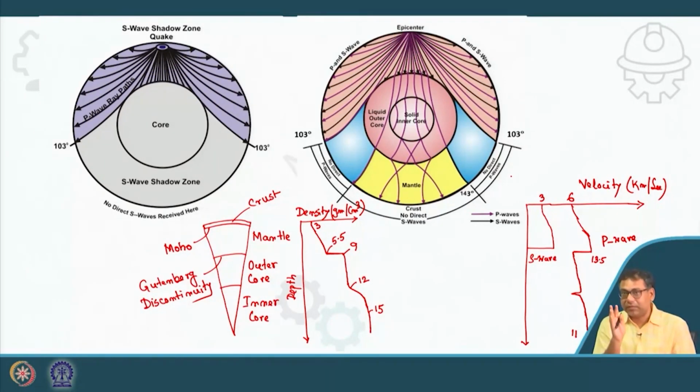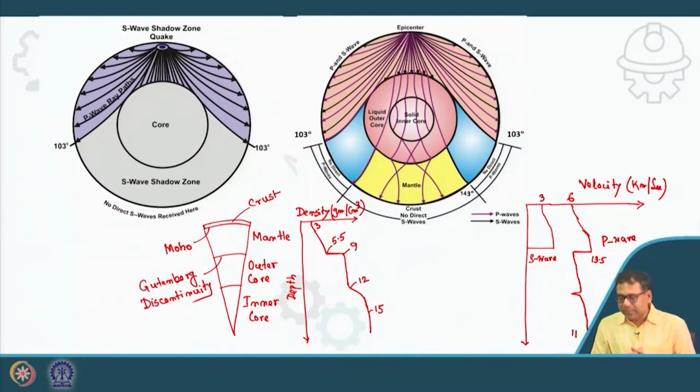I am talking about the direct, or refracted, wave. So from 0 to 103, both P wave and S wave will reach. From 103 to 143 no direct wave will reach, but from 143 to 180 only the P wave will reach, because the S wave cannot flow through the liquid core.